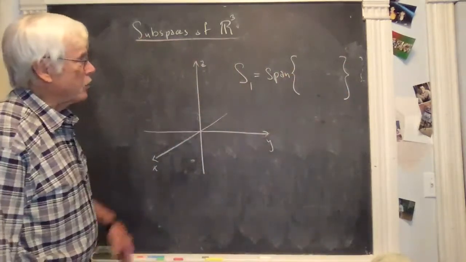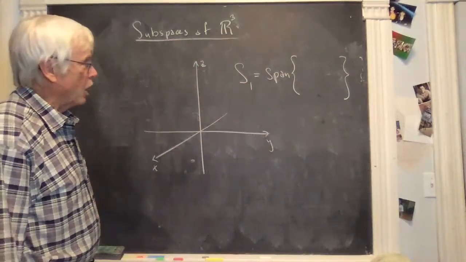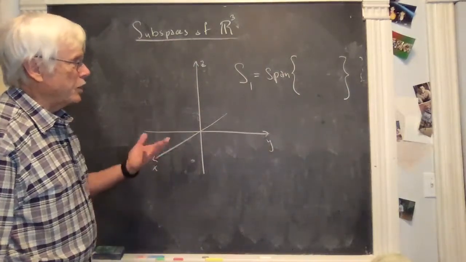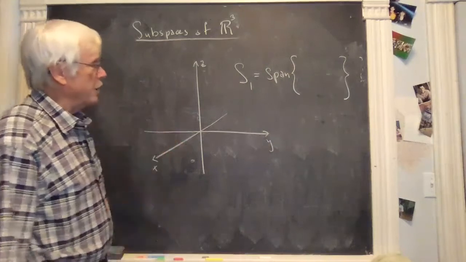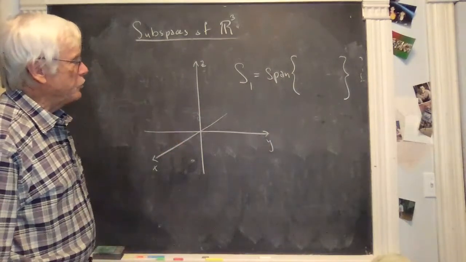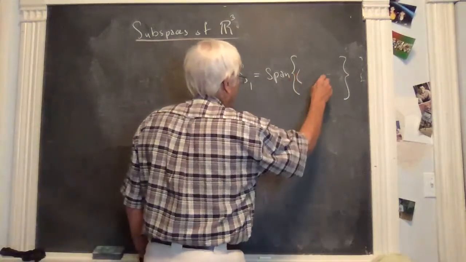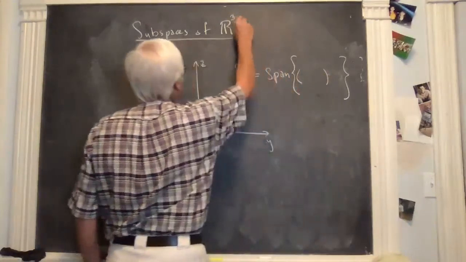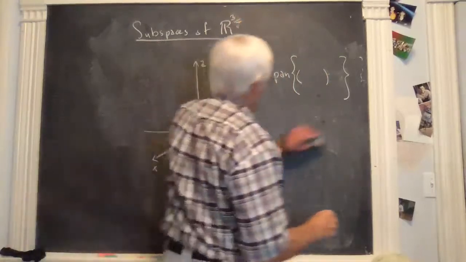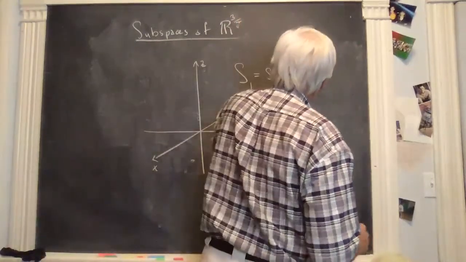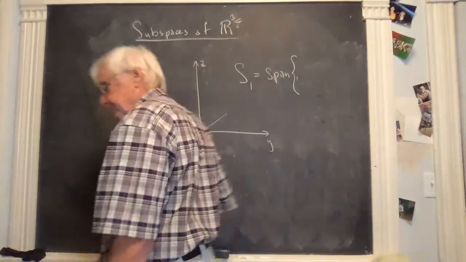So you're allowed to put as many vectors in there as you want. If you put in linearly independent ones, then you're going to be able to tell what the dimension is of each one of these. But the things you're going to put in there are 3D vectors, because you're in 3-space. So let's put in some 3D vectors in here.